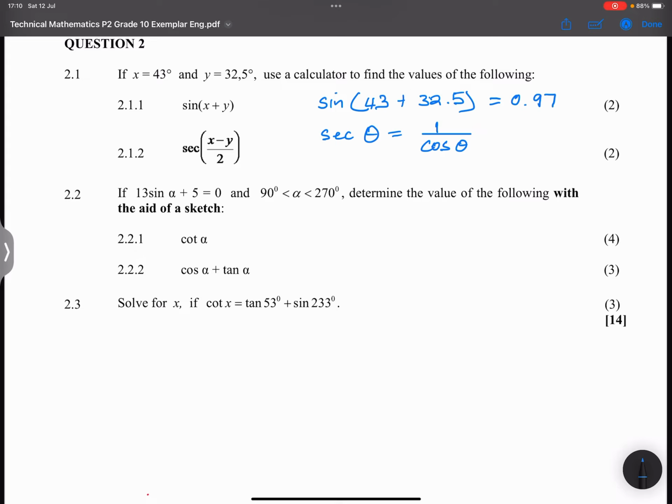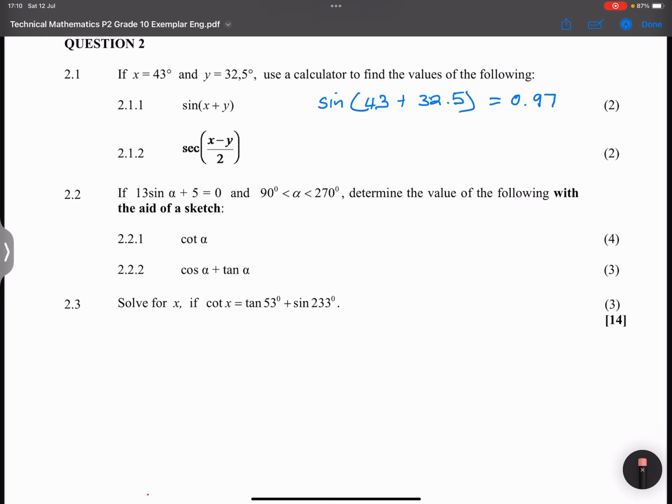As a reminder, cosec is the inverse ratio for the sine. And cot of any angle would be the inverse of tan. Tan and cot are firstly inverse ratios, but they are also co-ratios as well.